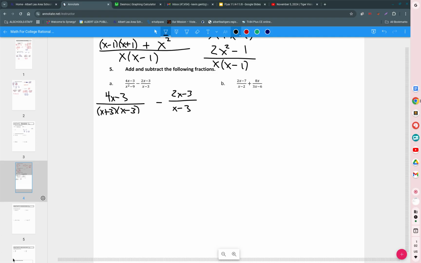If you're able to factor the denominator, that can be to your benefit to see what the true common denominator should be. Notice in this situation, I factored x squared minus 9 to be an x plus 3 times an x minus 3. This one already has an x minus 3, so I only need to multiply the top and bottom by what? X plus 3.